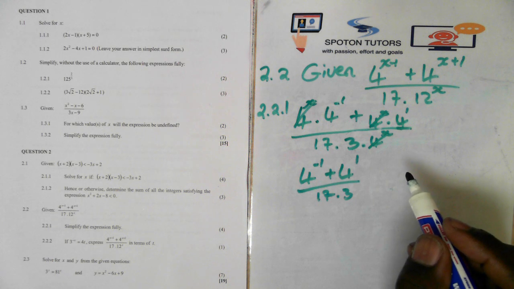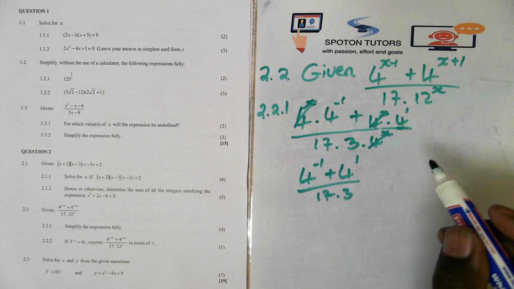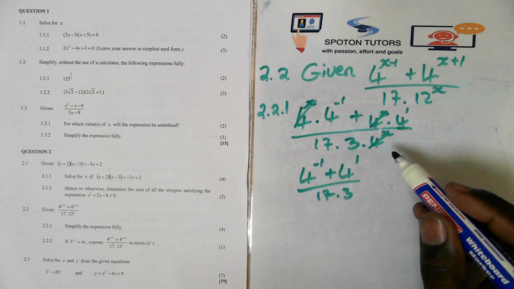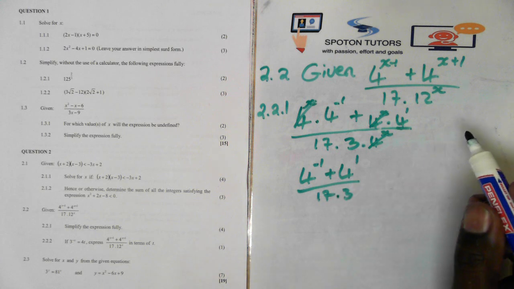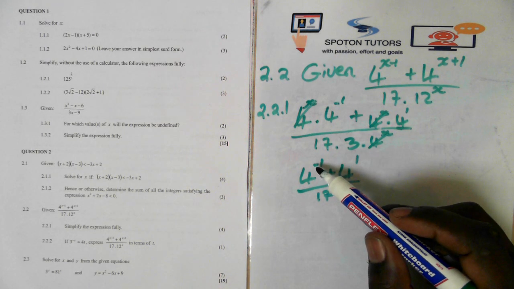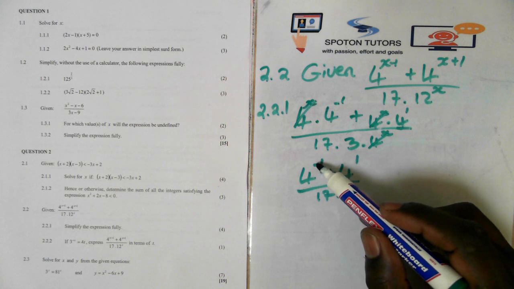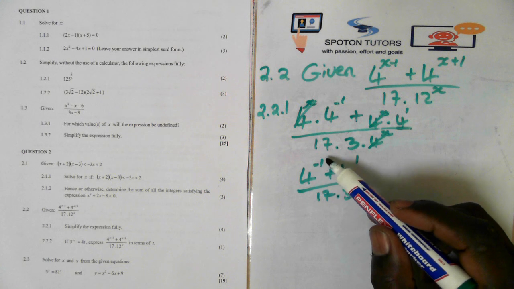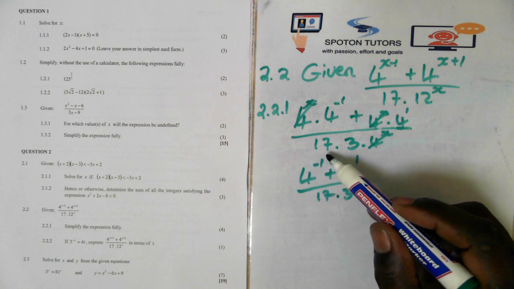Now, I want us to understand one thing here. The next step is that you have this power, or you have this exponent, of a negative number. What does it mean? It means that this must go and be a denominator.